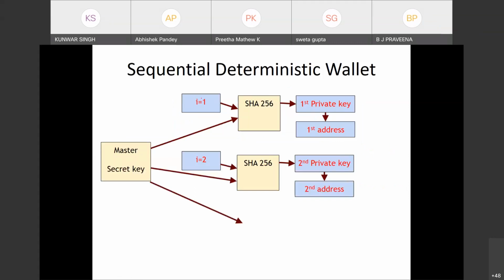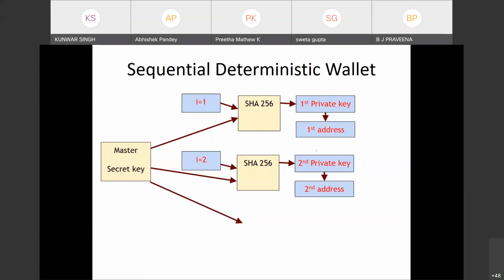So with the master key and i equal to 1, hash it, you get one private key, and from there you compute the public key, then the address. Then for i equal to 2, same master key, hash it, you get another private key, and then you can compute its address.